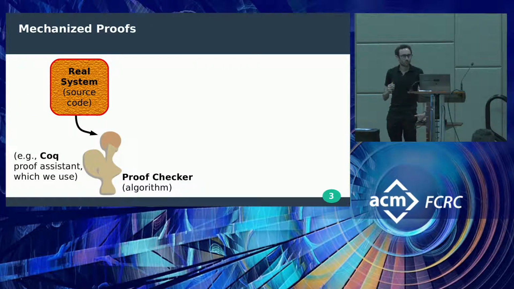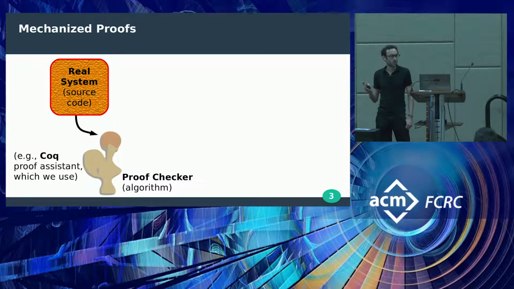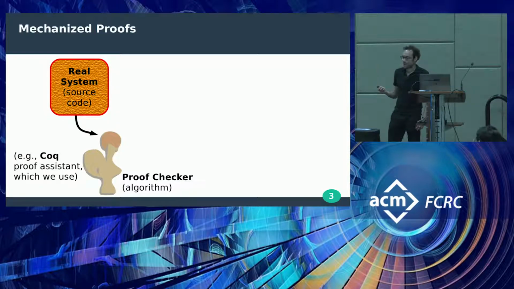So to tell you a bit more about the approach that my team has been following there, let me introduce some of the tools and the terminology. We're doing what are called mechanized proofs, which basically means we're doing formal mathematical proofs that are checked by algorithms. And we do that using a particular theorem prover called Coq, C-O-Q, which is developed at INRIA in France. And to use this system, you encode some description of the artifact that you're looking to verify.